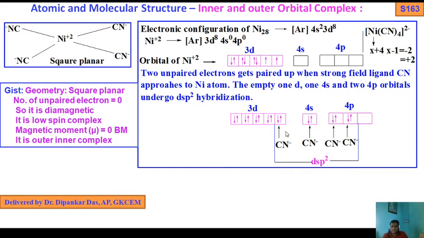So each CN- donates an electron pair to the vacant 3d orbital, 1 4s and 2 4p orbitals. In the hybridization, 1 d from 3d, 1 s and 2 p are involved, so dsp2 hybridization.